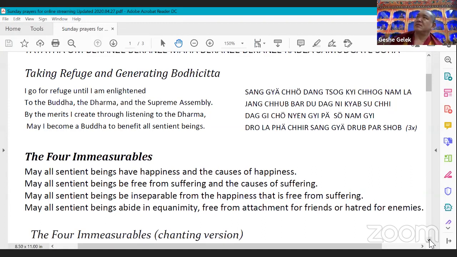That's the main entrance of the Buddhist path. The main entrance of the Mahayana path is bodhicitta. The main entrance of the Buddhist path is taking refuge. If you consider yourself a Buddhist, then it becomes part of the practice.